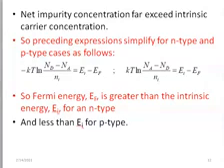Which means this Ef is greater than this because it is equal to this plus this in the case of what? N-type semiconductor. But in the case of p-type semiconductor, if you take this Ef to this side and take this one to that side, Ef should be equal to this minus this term, which means Ef is less than Ei if you are talking of what? The p-type semiconductor.